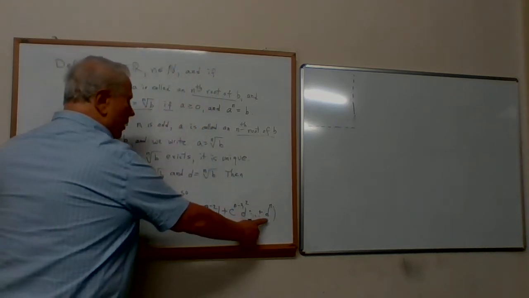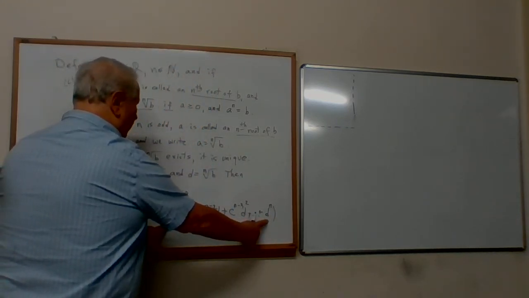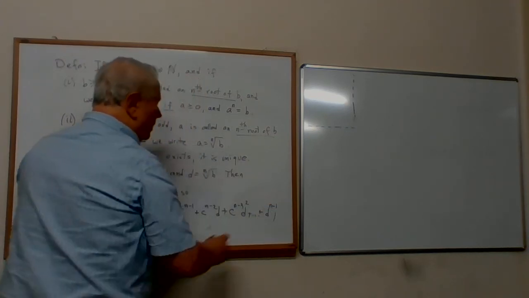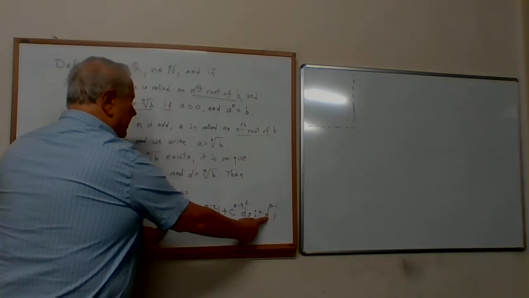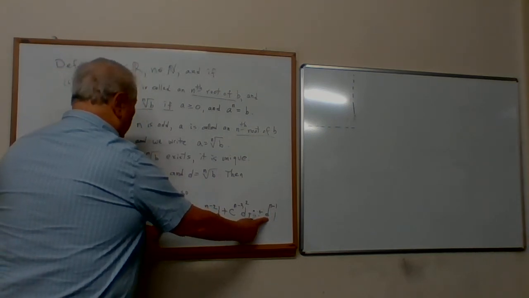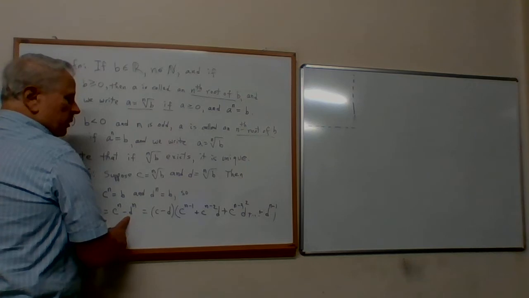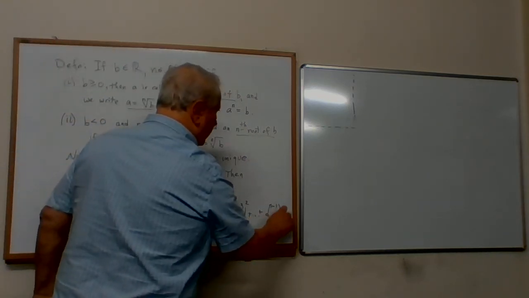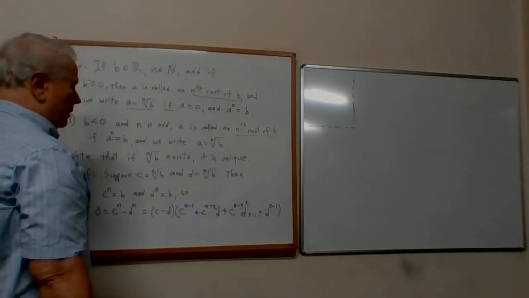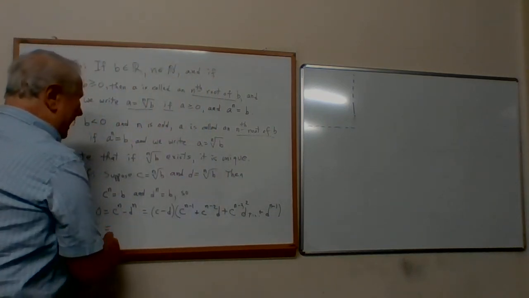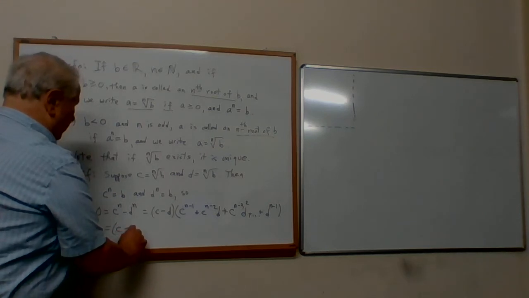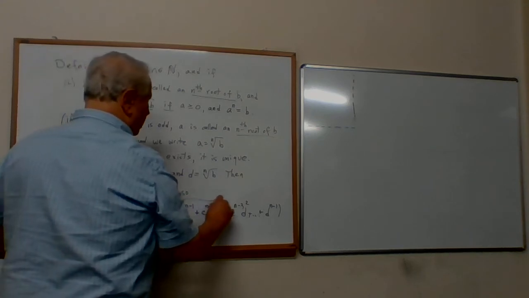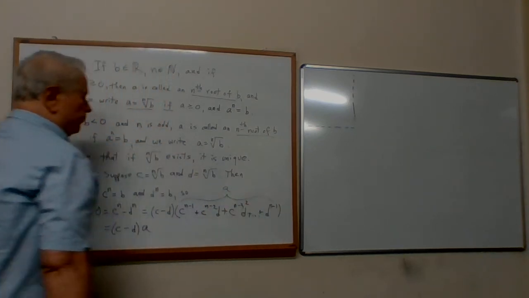But now I'm stuck with minus, this is minus 1. I said it, but I didn't write it. I'm stuck with a d to the n minus 1 times negative d, but that's exactly what I want to be stuck with. So that is my other factor, which I'm going to call A. C minus D times A. So A is this. All right?